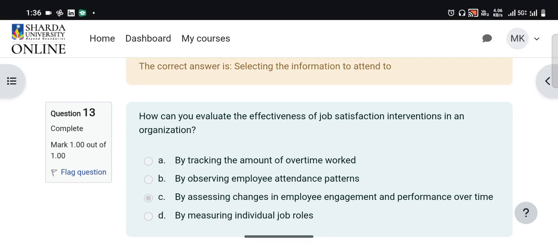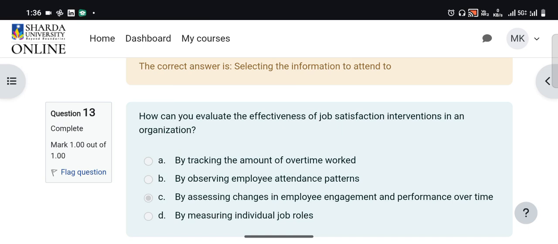Question number 13. How can you evaluate the effectiveness of job satisfaction interventions in an organization? Option A, by tracking the amount of overtime worked. Option B, by observing employee attendance patterns.